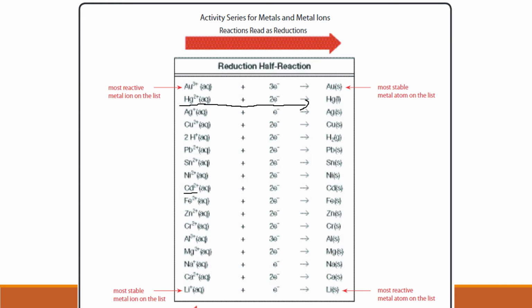For cadmium, we had that as our product on the other side. Well, if you read it backwards, where we go from the solid, we can reverse the arrow, and now this tells us the oxidation, and this is the oxidation reaction. So if we just go backwards on it, it is an oxidation reaction.